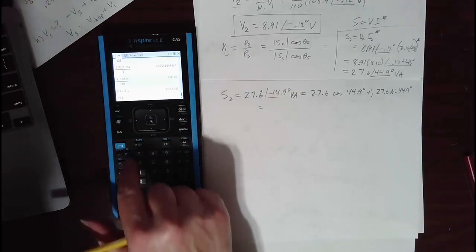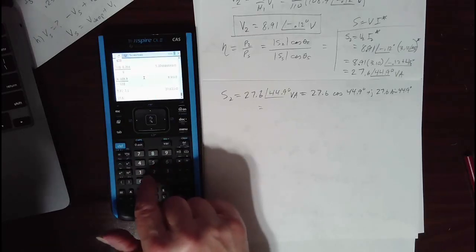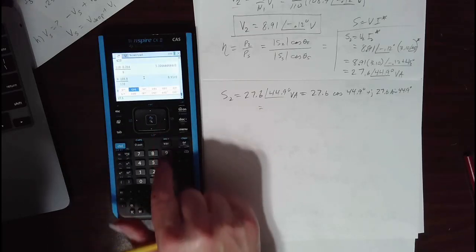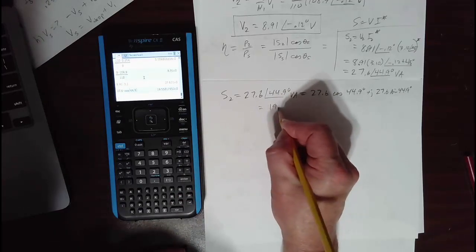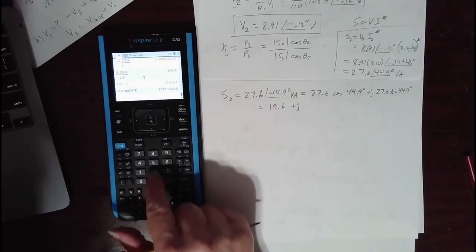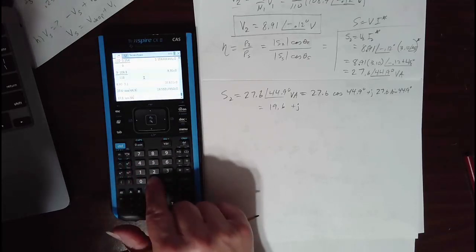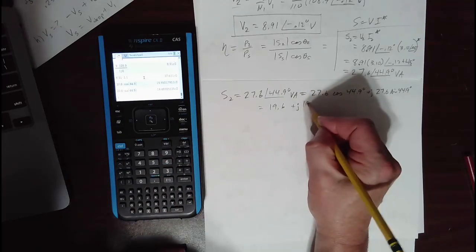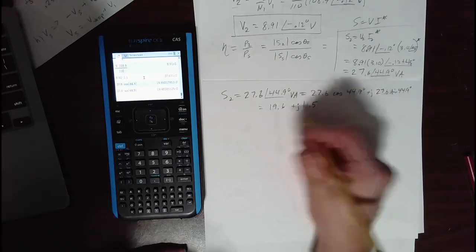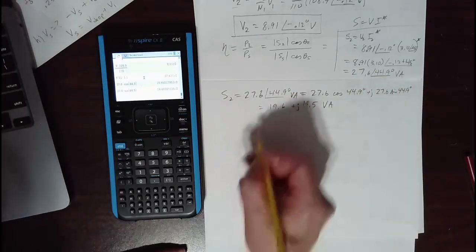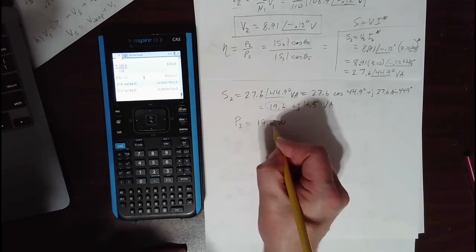Of course, our calculator could do it for us too, polar to rectangular conversion. 19.6 plus J 19.5, pretty close to 45, so it's pretty close to the same, right? P and Q. So actually, we were just looking for P2. So P2 is 19.6 watts. Remember, last time it was 20 watts.